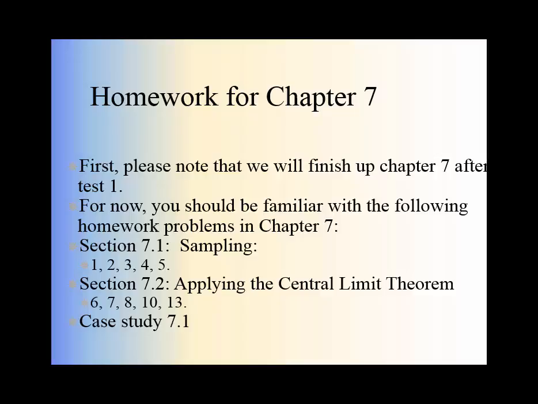So I'm actually going to stop right there in the middle of the chapter, just after finishing section 7.2, because I like to use the last little part of the chapter to give us a nice lead in to what we'll do in the second part of the semester. So for chapter 7, what you're responsible for is up through section 2, and these problems that you see listed here are what you would need to practice with, and case study 7.1.